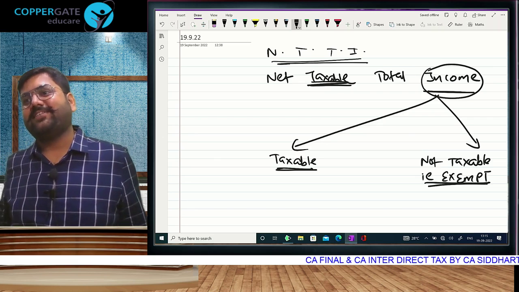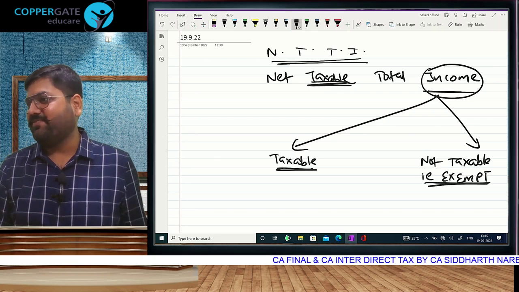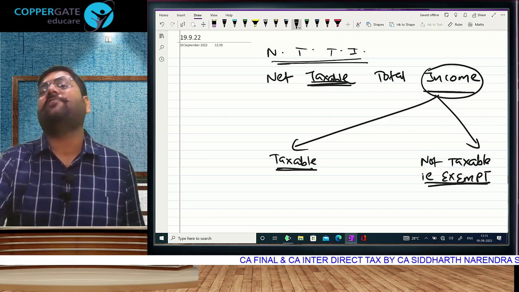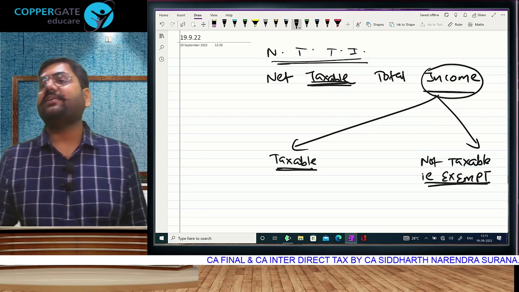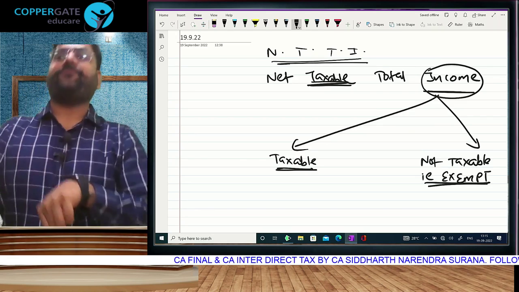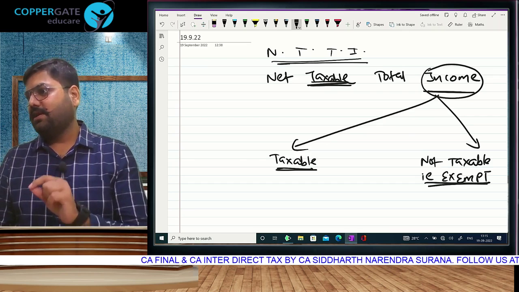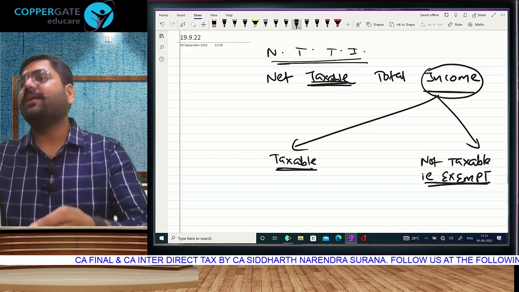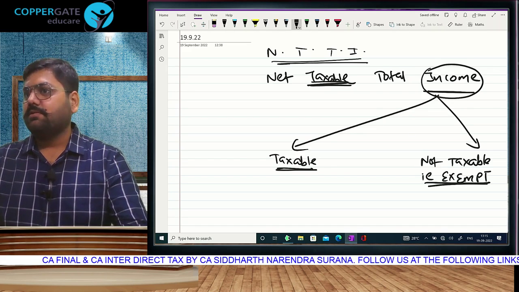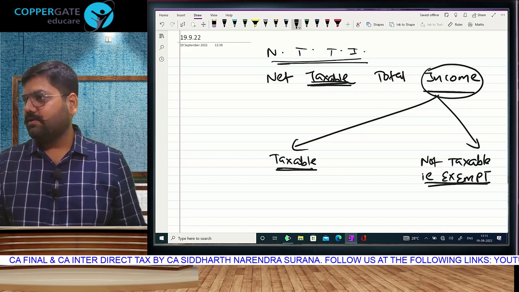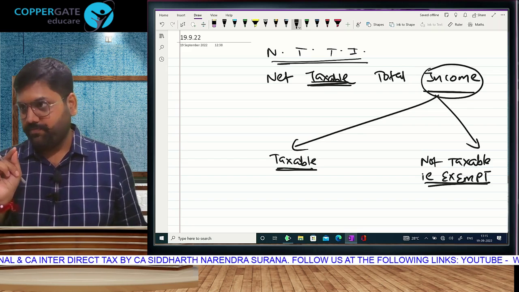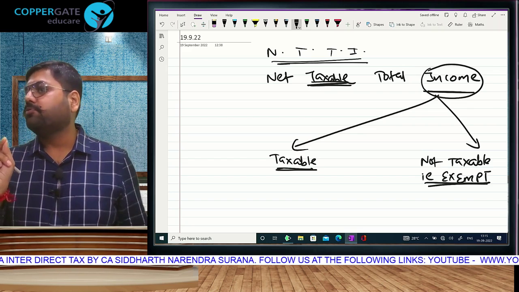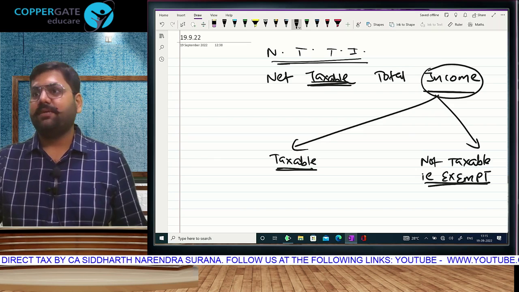Something like our exemption, which we also discussed when we were talking about intermediate. You don't have to do that. Here, when we say exempt, that means exempt from the levy of tax. That means on these incomes, you don't have to pay tax. So, the simple meaning of exempt is income which is not taxable. Correct? But you should always, preferably from your mouth, speak exempt.